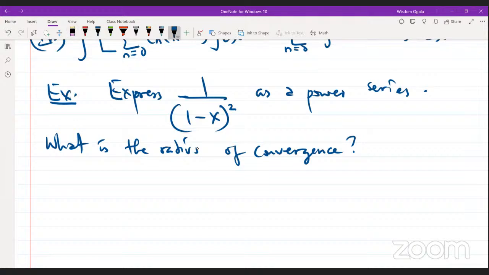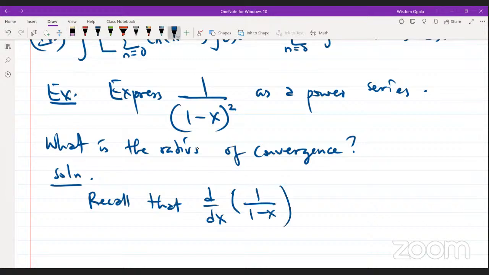So, solution. Now, what do we need? Right here, we need the fact that, recall, this derivative of 1 divided by 1 minus x is the same thing as 1 over 1 minus x all squared.